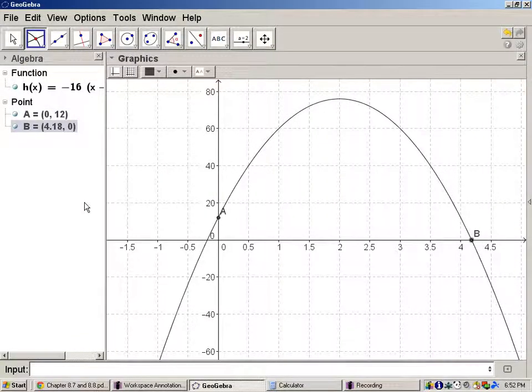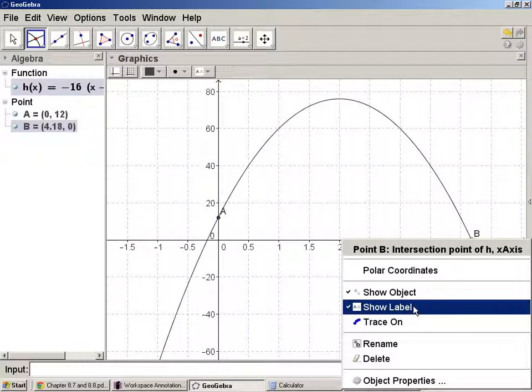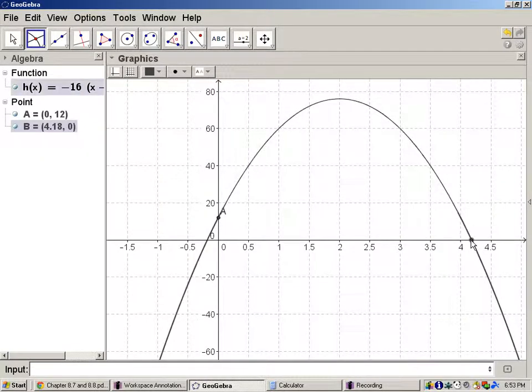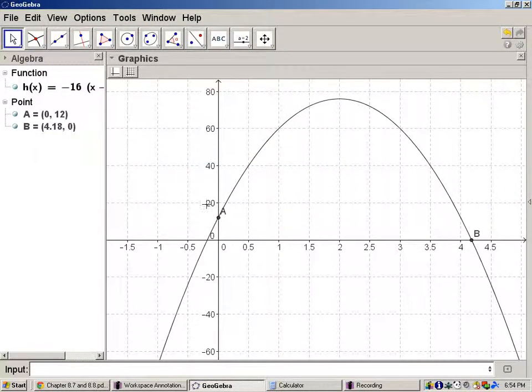Oh, yeah, okay. It says that it's 4.18. That's the x-intercept. And if I wanted to see the label, I'd go show label. Oops, wrong button. Well, anyway, I could, but I'm not. Okay, so we see it here.